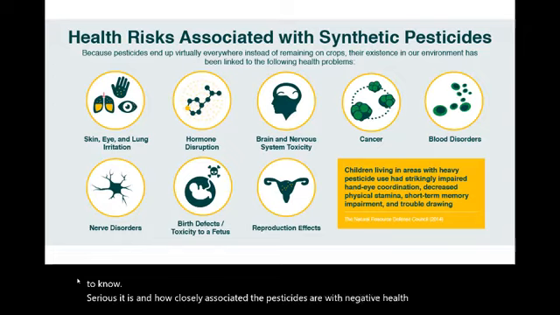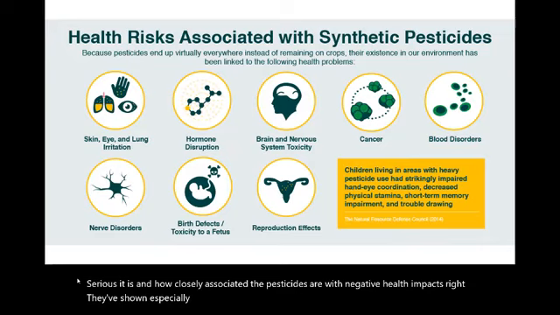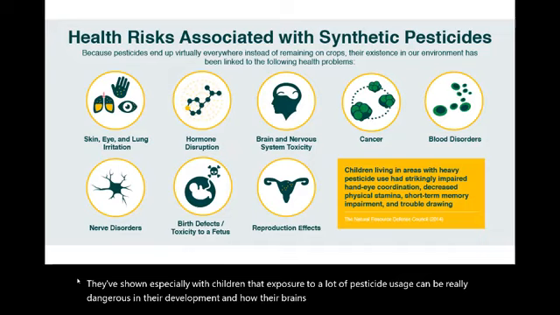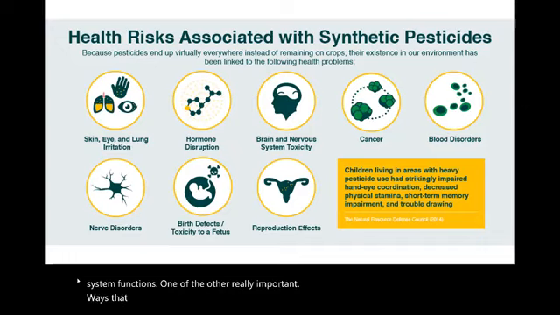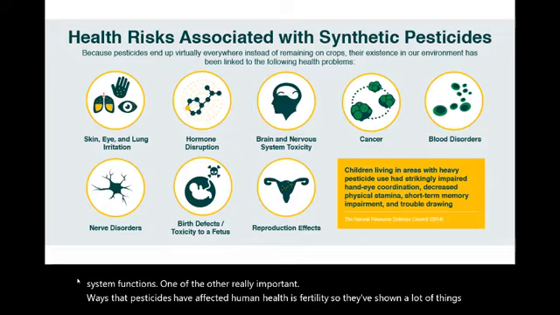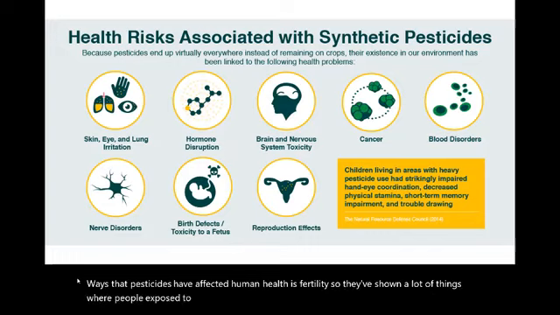They've shown, especially with children, that exposure to a lot of pesticide usage can be really dangerous in their development and how their brains form and how their nervous system functions. One of the other really important ways that pesticides have affected human health is fertility. So they've shown a lot of things where people exposed to pesticides often have infertility.